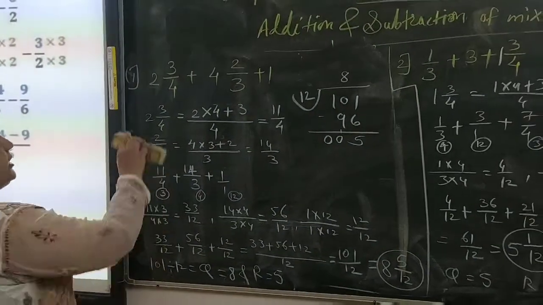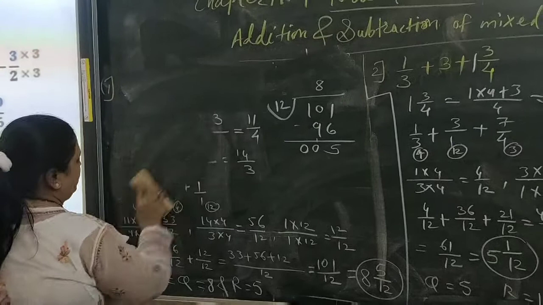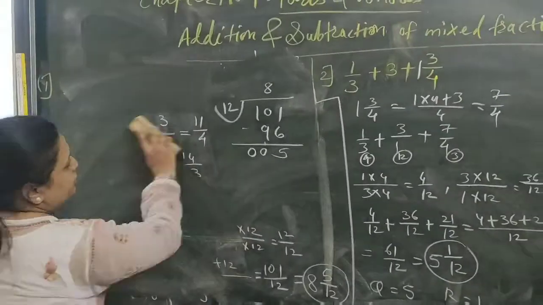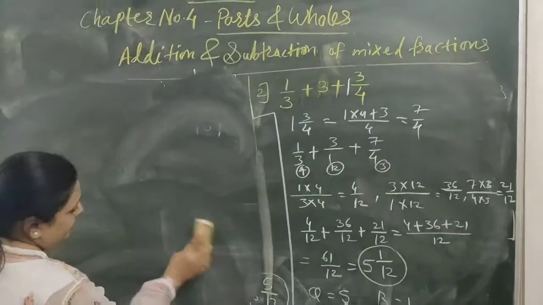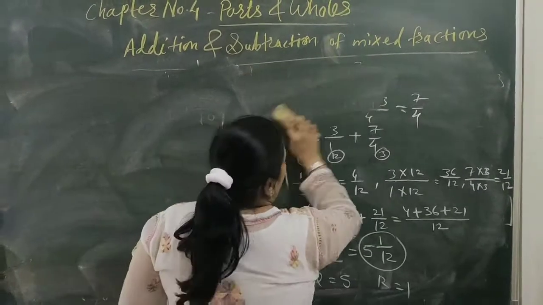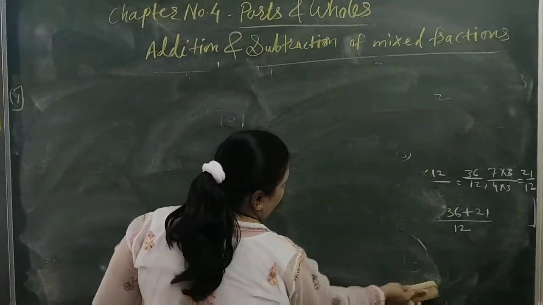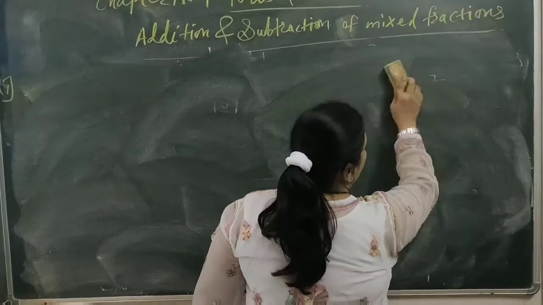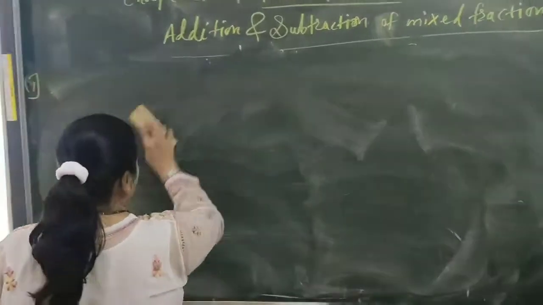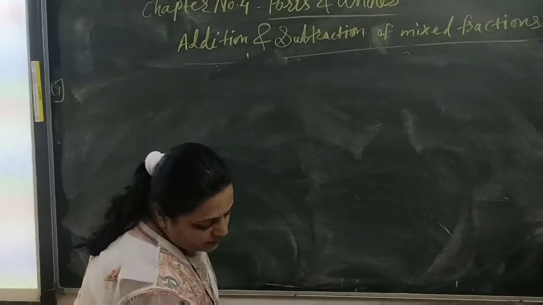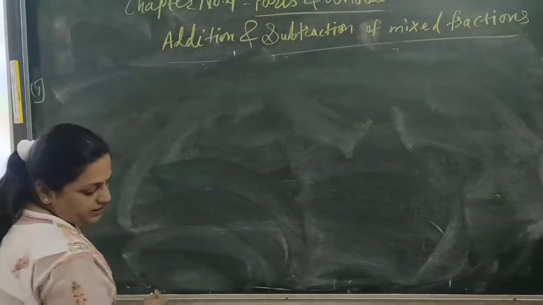Let me explain to you a few examples of subtraction of mixed fractions. While doing the subtraction of mixed fractions, we have to follow the same method. I have taught you two methods. Any method you can use which is convenient for you. Now see one example I am taking.